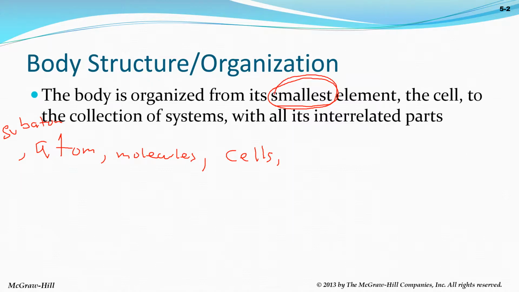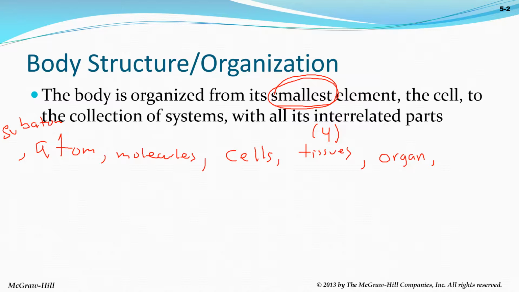So if you got a bunch of cells that work together, they do the same thing, they form tissues. We only have 4 tissue types in our body. I'll cover those shortly. If 2 or more tissue types kind of work together, they form an organ. Like the heart. Heart has an inner layer, a muscle layer, an outer layer, a covering.